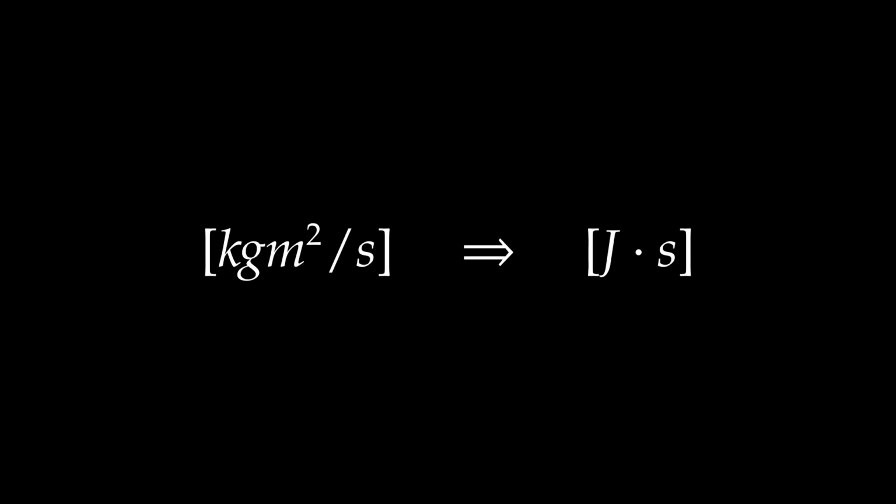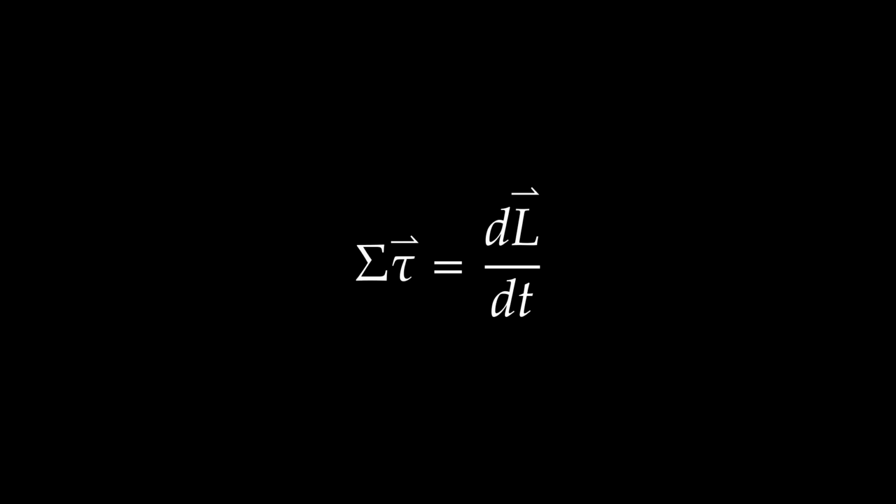By the way, now that I have the angular momentum, you might wonder, is there a rotational analog for Newton's second law that appreciates the angular momentum? And now I can write it in here under my original Newton's second law. Whereas I would write the net torque is equal to the moment of inertia times the angular acceleration, I may also write that the net torque is equal to the derivative of the angular momentum with respect to time.